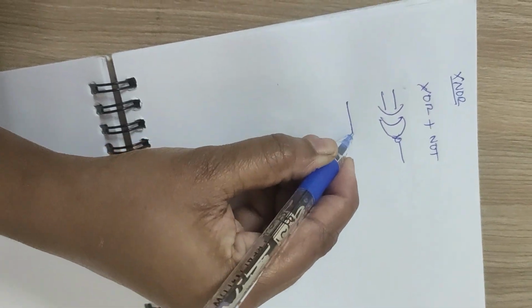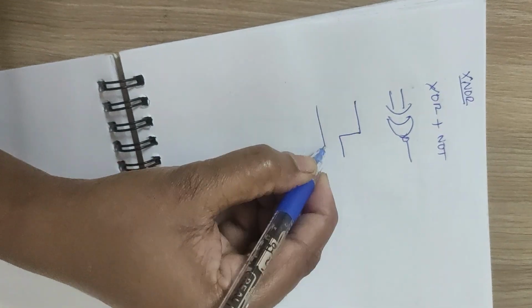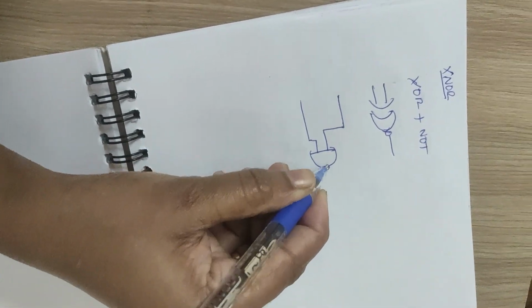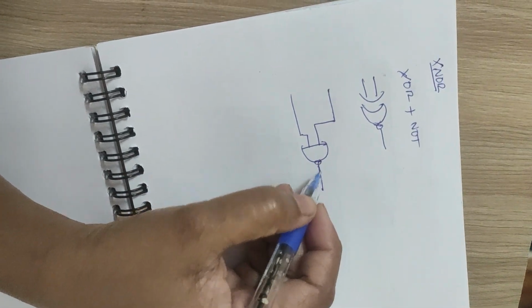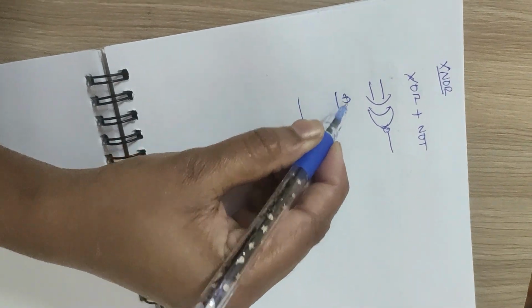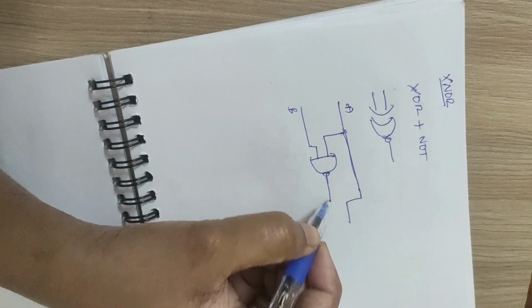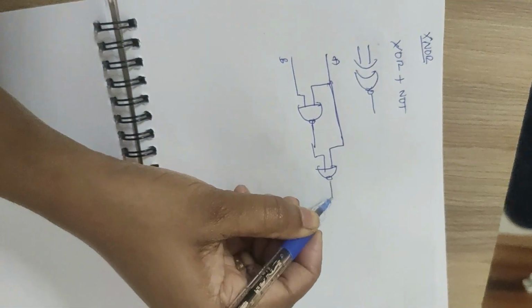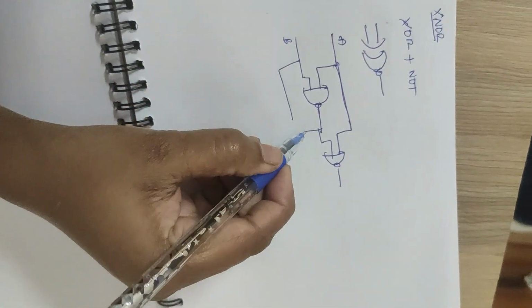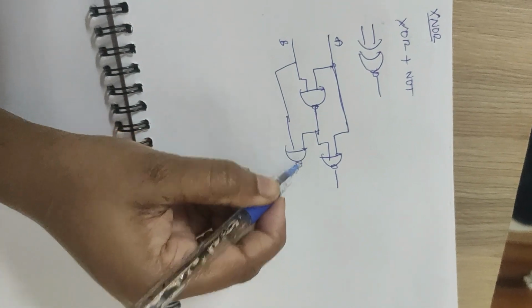So what you could do, you could directly simply use the circuit we have implemented now. Okay, and this is A, this is B, and here we will be having another NAND gate, and here another NAND gate.